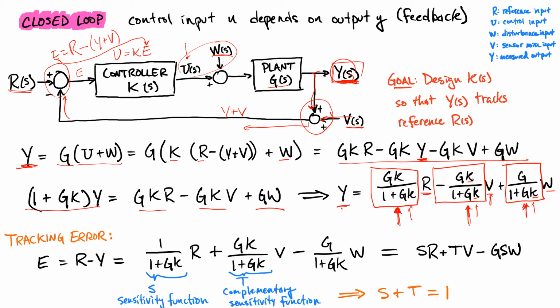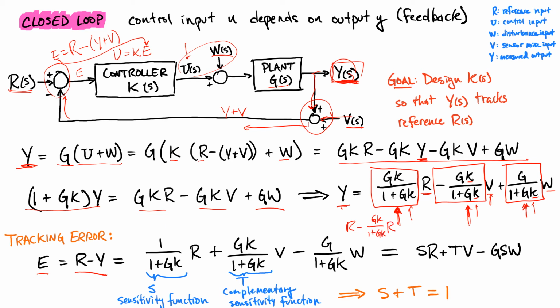And then we'll also take a look at our other properties as well. In the spirit of interest in tracking, we're going to compose our error, which again is just r minus y. If you take r minus this quantity, the only one that's affected is this first term, which is essentially r minus gk over 1 plus gk times r.